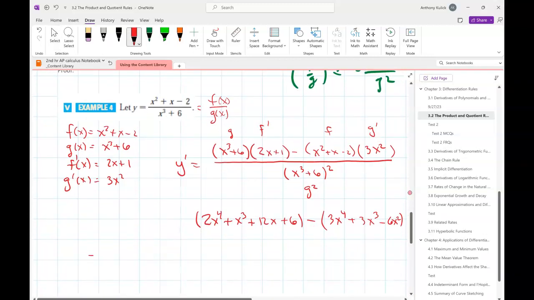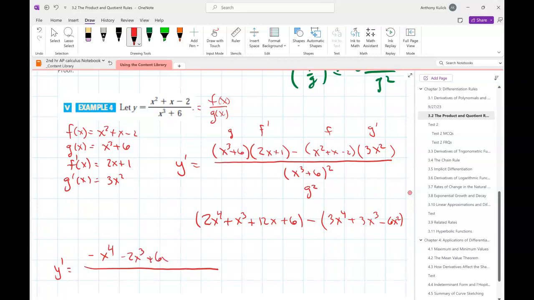So what am I going to have here? I'm going to have negative x to the fourth. And then I'm going to have negative 2x cubed, then plus 6x squared, plus 12x plus 6.